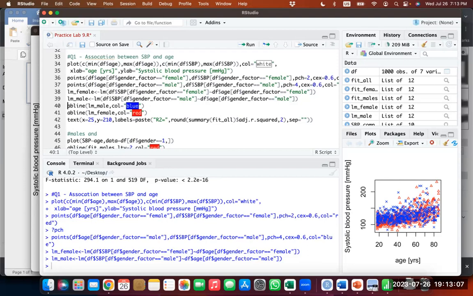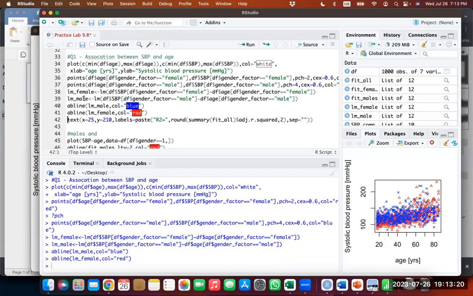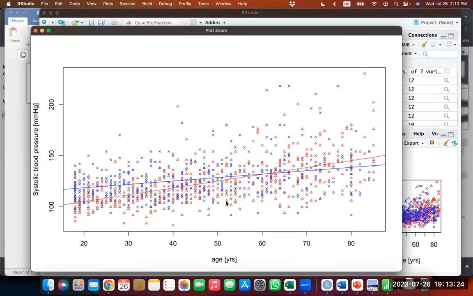You use abline to grab this model and use it for the prediction of the regression function and depict it on your scatter plot. So abline 40 and 41 basically builds now these models and fits them through as regression lines. That's the least square fit line. So you're doing that with these commands.